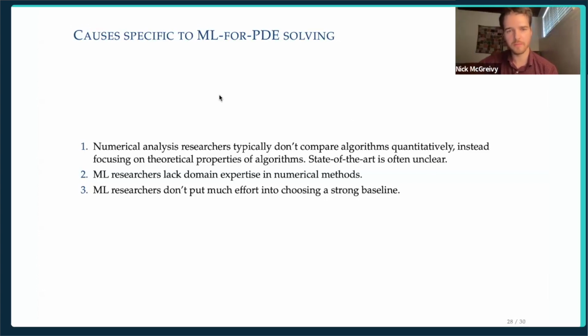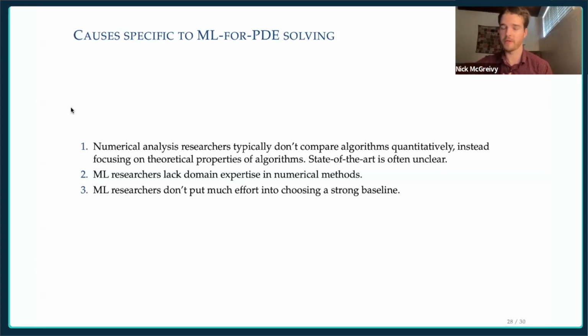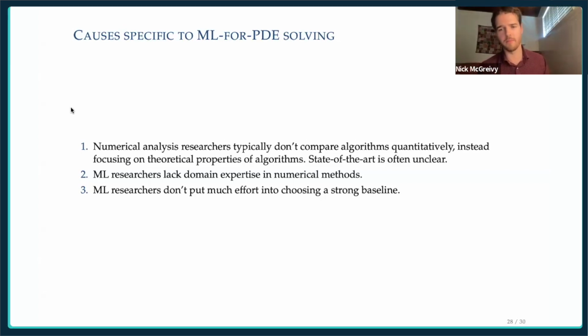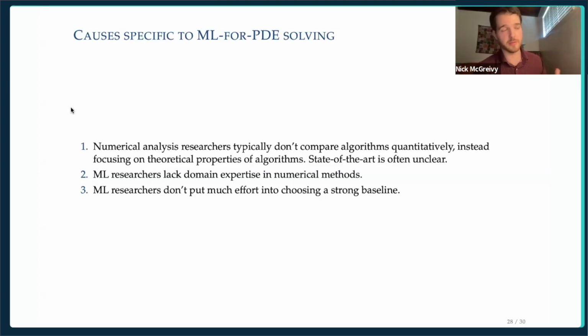So that's number one. But then part of it too is that the machine learning researchers who work on these things, and I've been guilty of this for sure, lack domain expertise in numerical methods. When I first started, I was trying these methods, and I had no idea what the space of algorithms was to solve these. And it turns out to be actually quite hard.